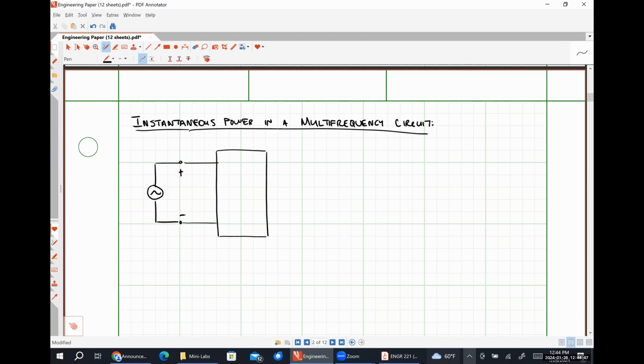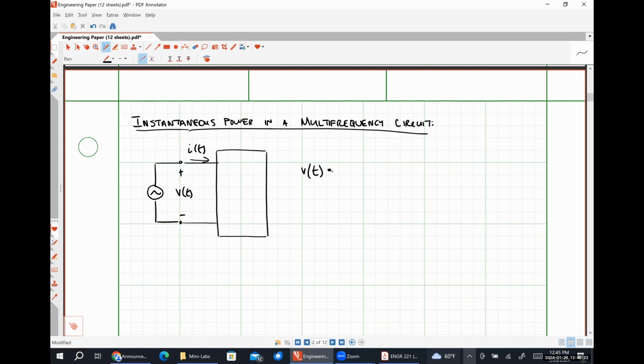And we're able to measure the voltage drop across our network and the current flowing into our network as time domain functions, where, just for this example, I'm going to have my voltage have two frequency components and my current also have two frequency components. As you will very shortly see, the math is only going to get more ridiculous the more different frequency components we have. So two frequencies will be more than enough to illustrate how much of a pain this truly is.